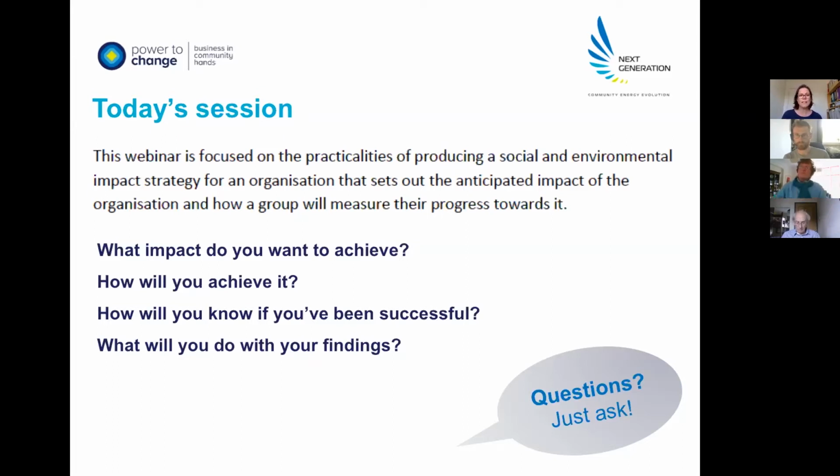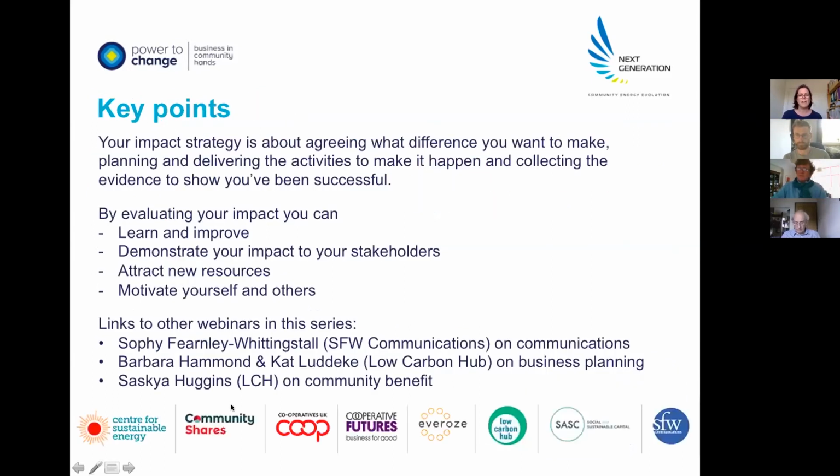And in terms of the purpose for this session, thinking about your impact strategy, it's an opportunity for you as an organisation to agree what's the difference that you want to be making, planning the activities that you're going to do to make that happen, and how you collect the evidence to show that you've been successful. And the bit that to me is really the most important is what you then do with that knowledge and the evidence that you gather.